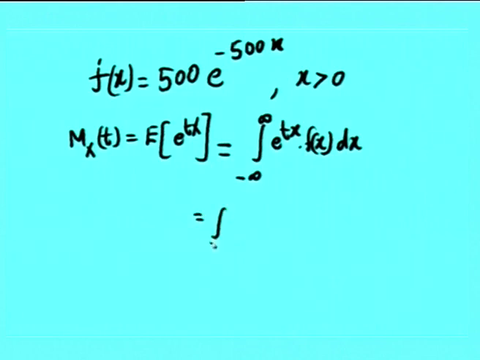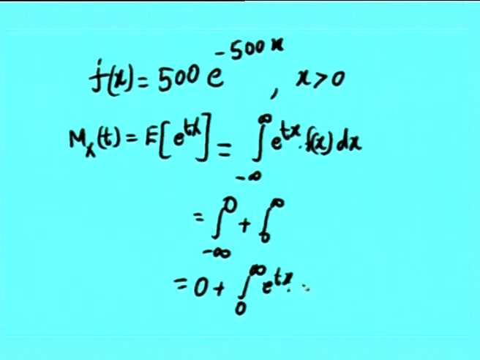So, we break the interval as minus infinity to 0, e power t x f of x dx, plus 0 to infinity. In minus infinity to 0, f of x is 0, plus 0 to infinity e power t x into 500 e power minus 500 x dx.